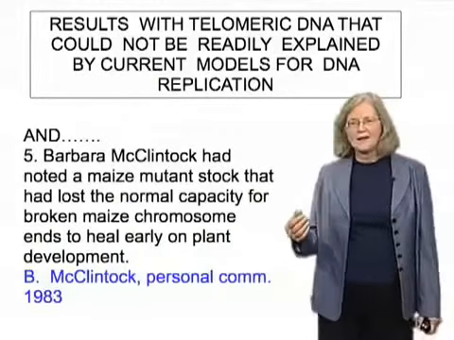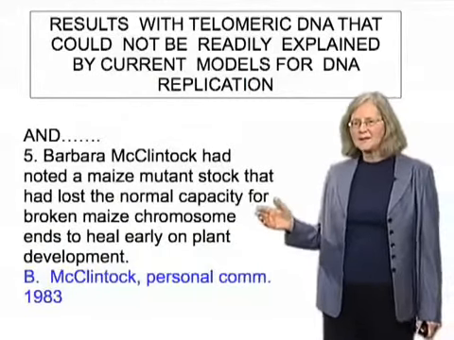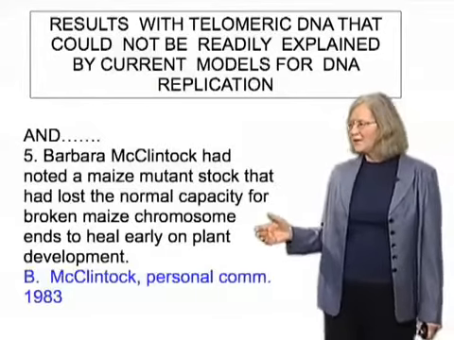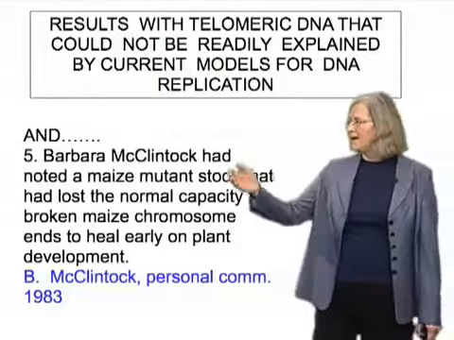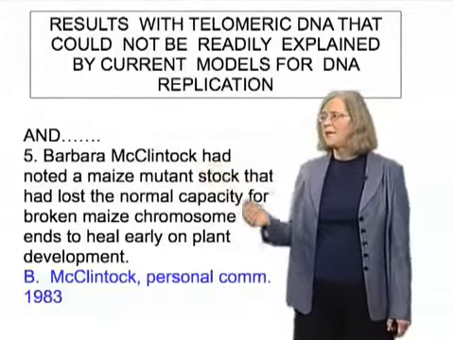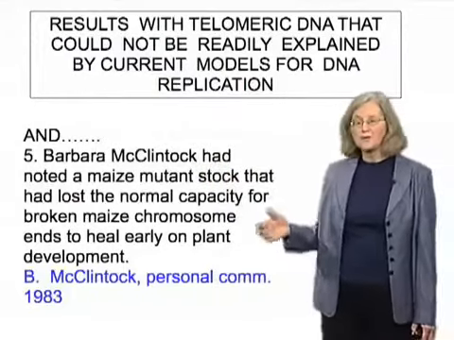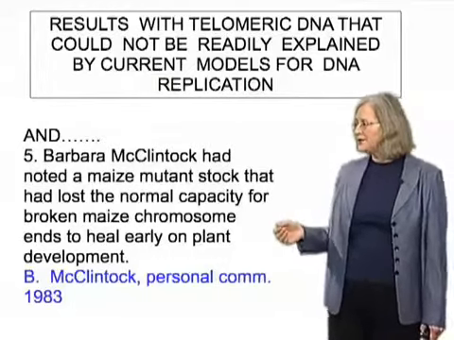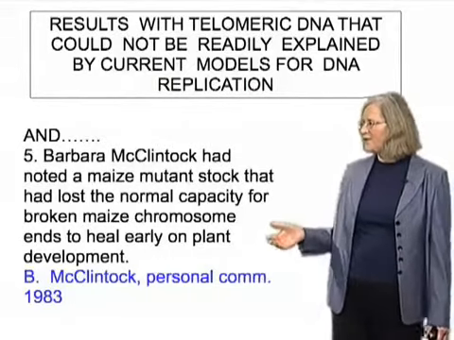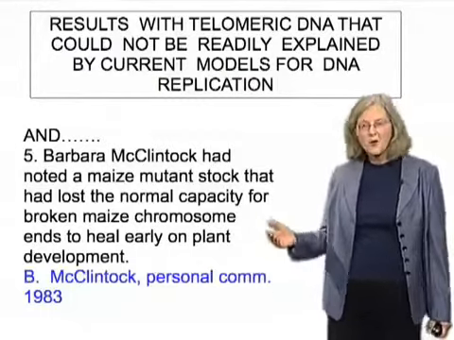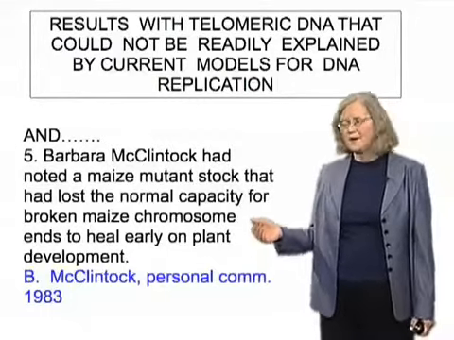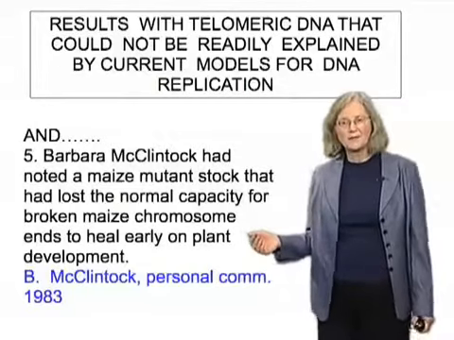And that idea, in a conceptual way, was given some force by an observation made by the noted geneticist Barbara McClintock, who worked with maize, corn, and she noted that a particular maize mutant stock lost the capacity to do something that is normally found in normal wild-type maize.